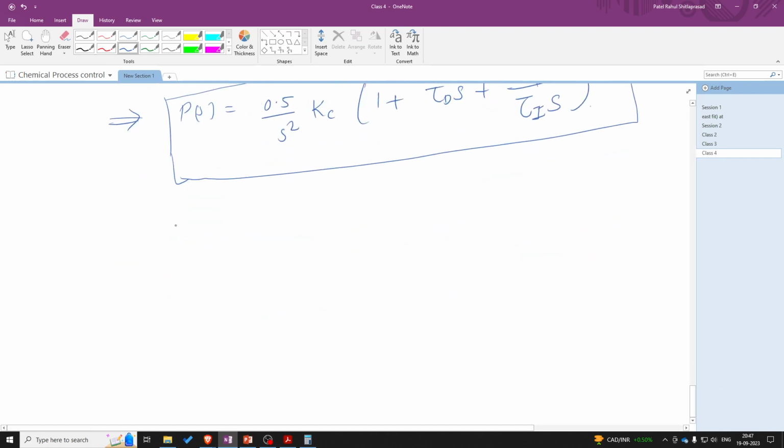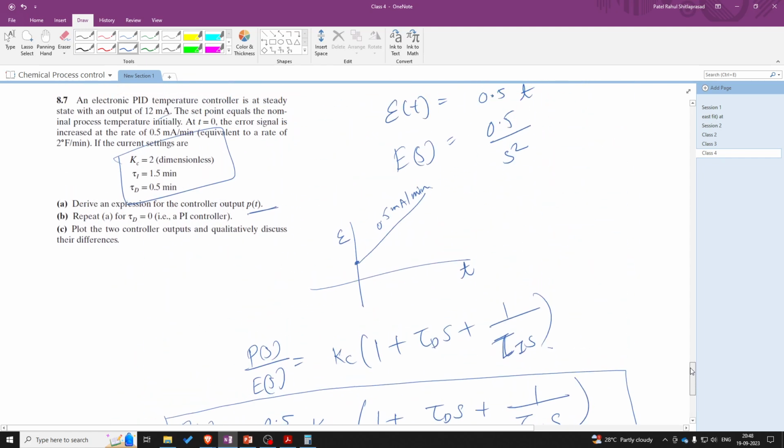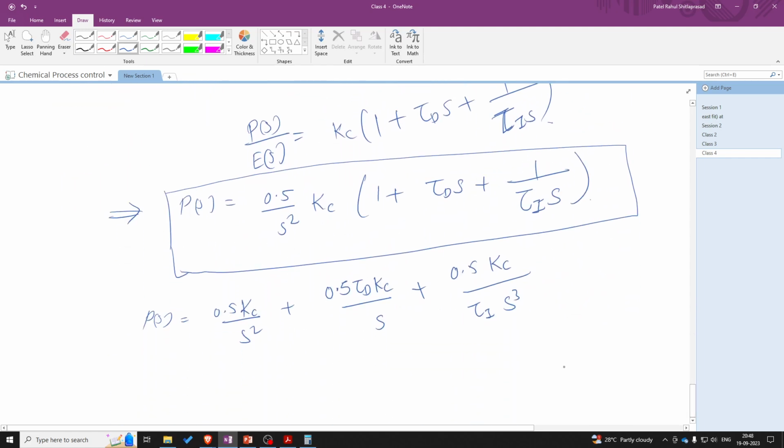So let's simplify it further. It will become 0.5 Kc upon s square plus 0.5 tau D Kc upon s plus 0.5 Kc upon tau I s cube. We can replace the values also: Kc is 2, tau I is 1.5 and tau D is 0.5.